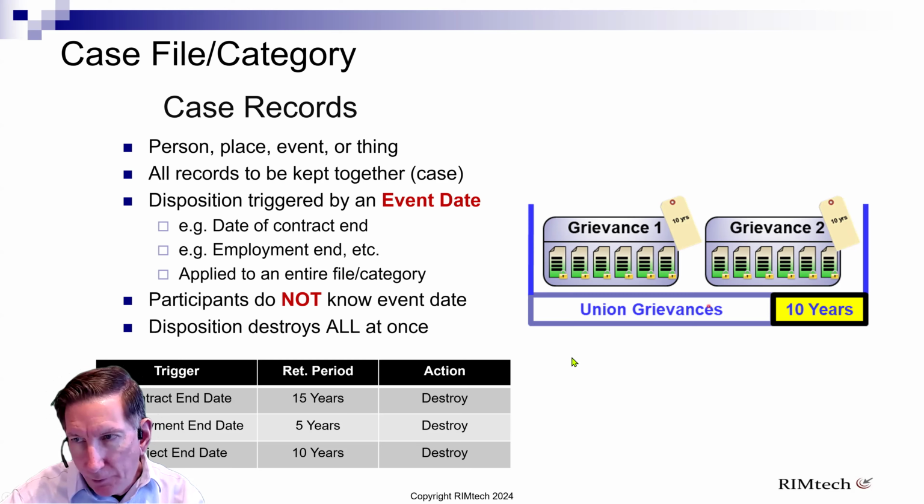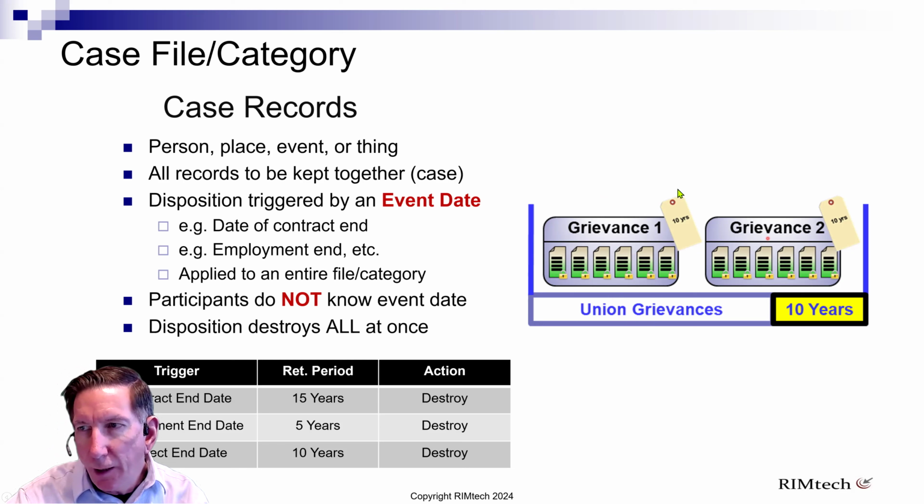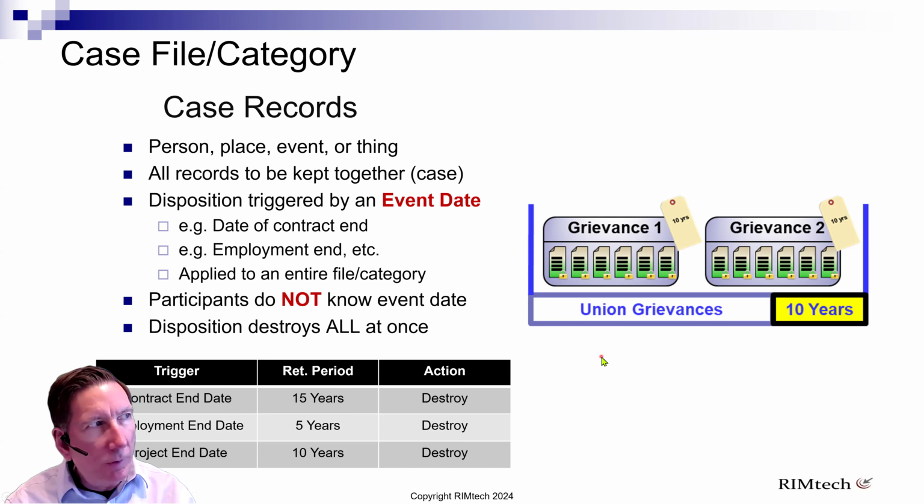So with the case, in the event of union grievances, for instance, each union grievance is an adventure that comes to an end sooner or later, right? And you'll notice the retention tag is applied to the case, not to individual documents, okay? One important point to note is that the participants who are creating these records never know the event date.